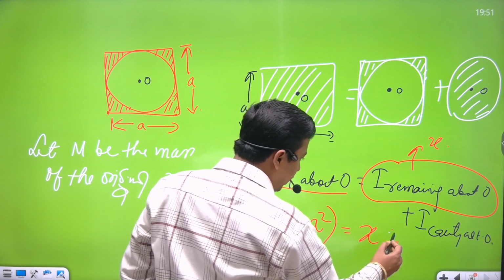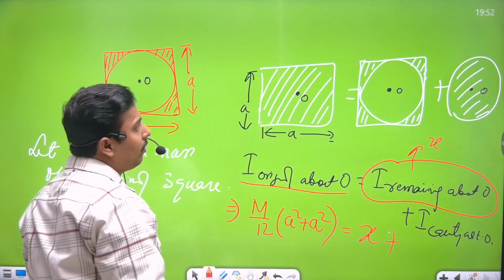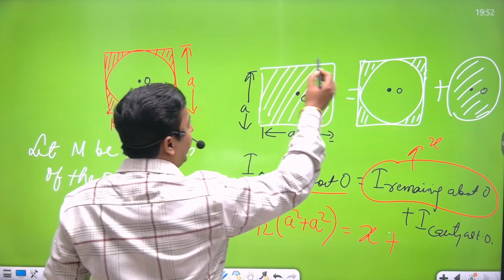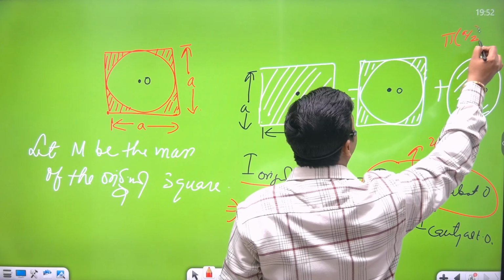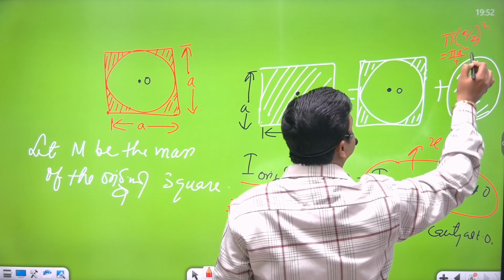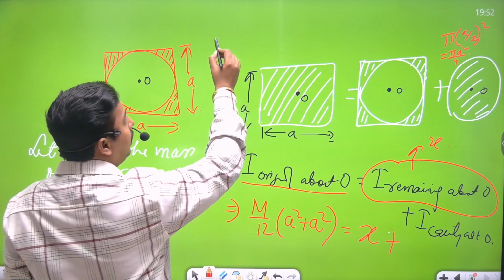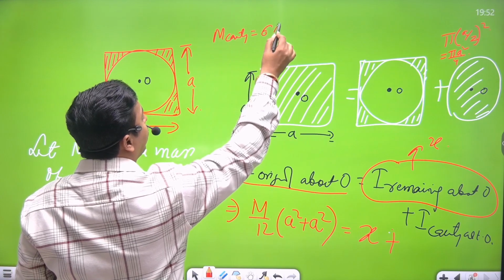So this is x plus the cavity. This one is the cavity. What is the area of this cavity? Pi times a by 2 whole square, which means pi a square by 4. The mass of the cavity would be sigma into the area of the cavity.